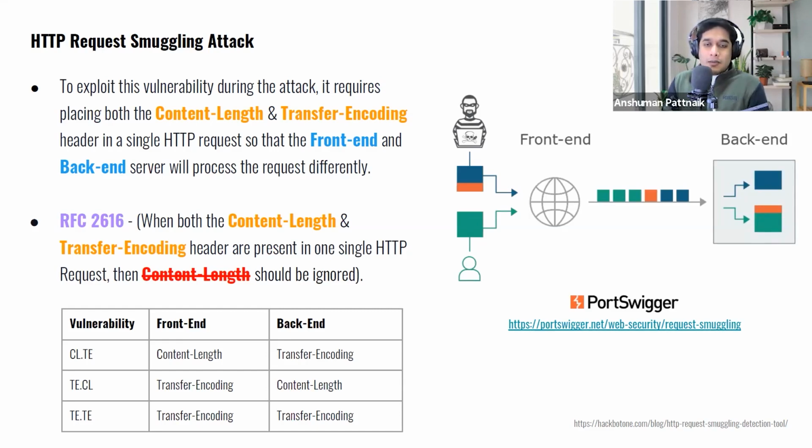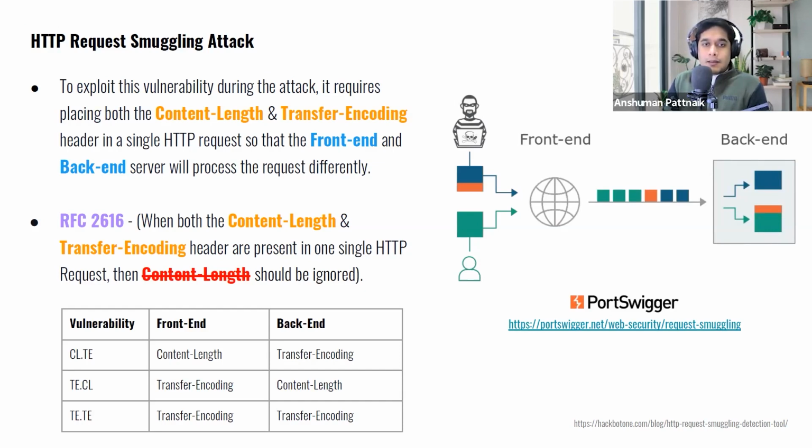This resolves conflicts when the target website runs only one single server, but it doesn't apply when two or more servers are chained together. If we find a way to hide the transfer encoding header, then we can exploit desynchronization between the front-end server and back-end server. There are three different ways to exploit this vulnerability: CL.TE, TE.CL, and TE.TE.